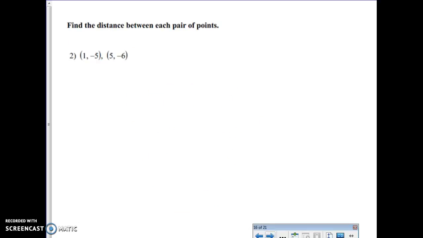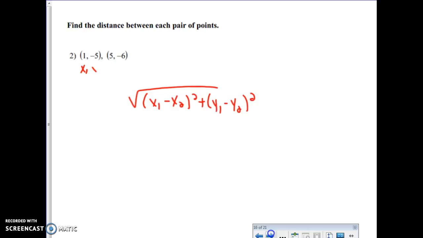Let's try another one. It's the same basic idea. The difference of the x's squared plus the difference of the y's squared. So I have x1, y1, x2, y2. So x1 is 1, so I'm doing 1 minus 5 squared.